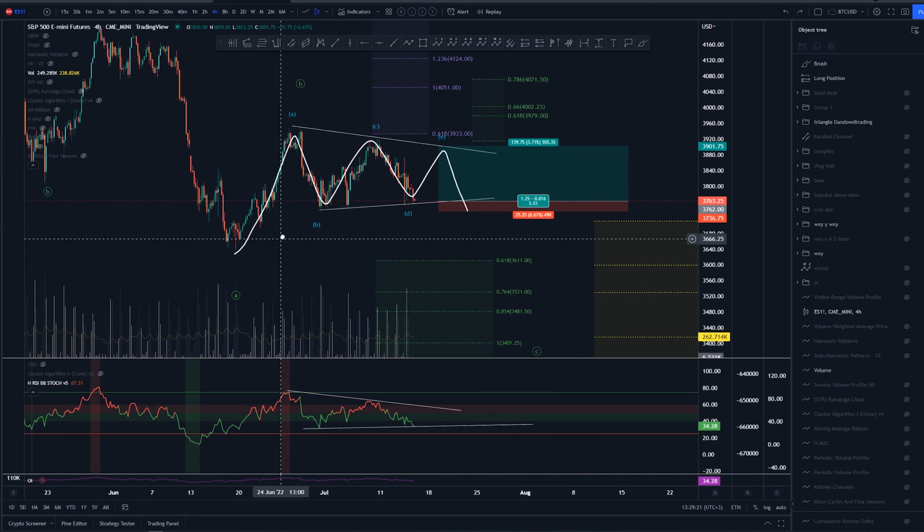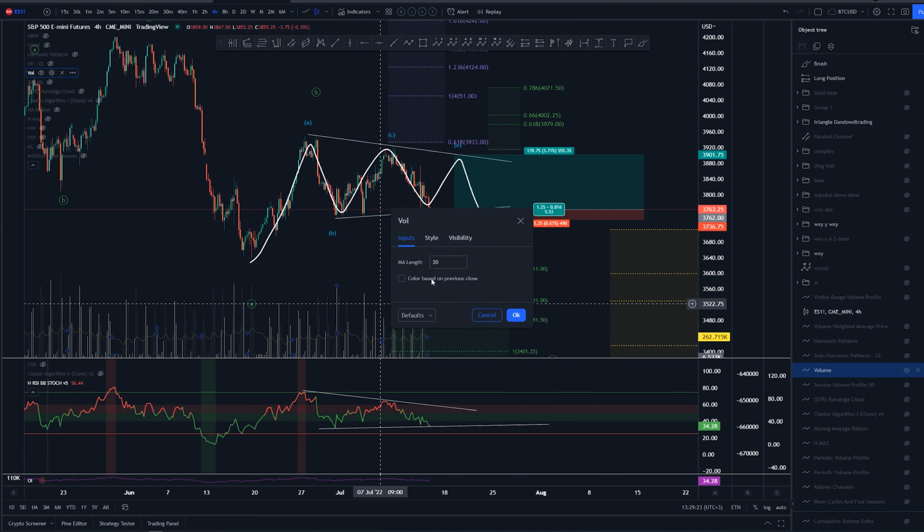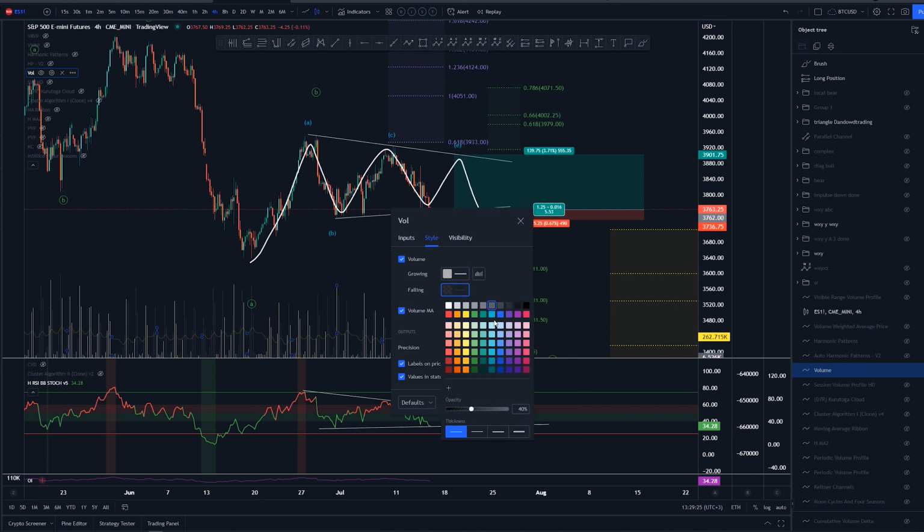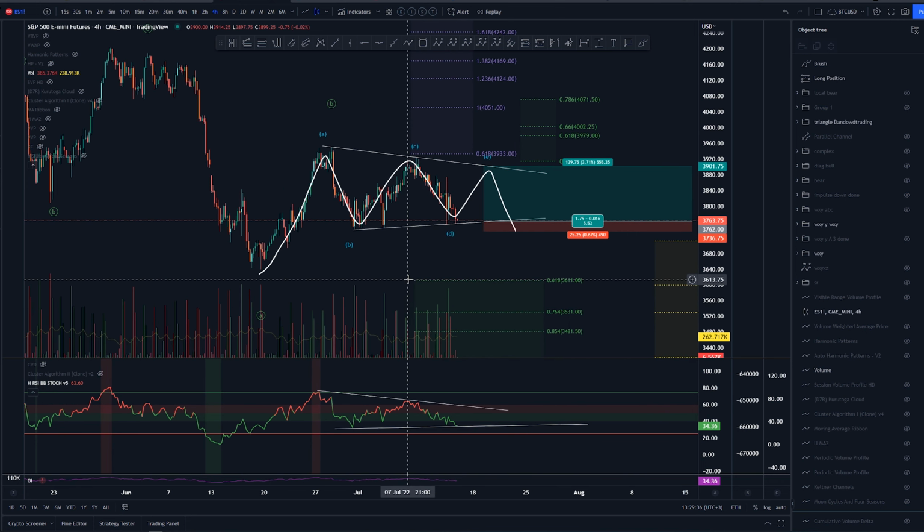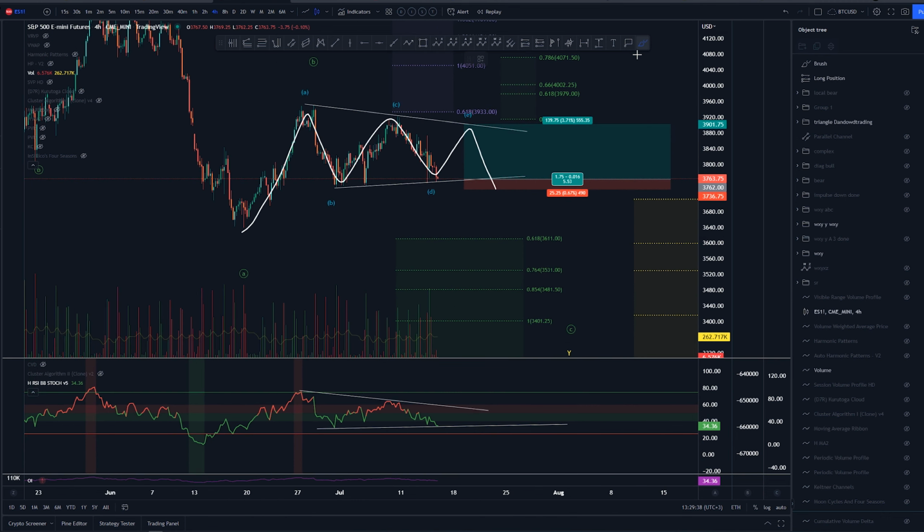I'm not sure if it is very visible here, let me fix that a bit. I'll just change the color, red and green is, there we go, now you can see it. So overall, the volume is not getting lower.